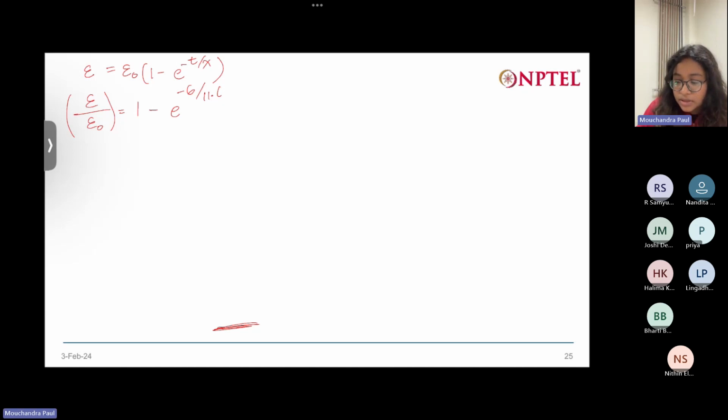So the lambda will become 11.6. So on one side we know the values, on the other side we have to determine. So someone do the calculation and let me know how much you are getting. Just simply put it in your calculator and let me know the value.